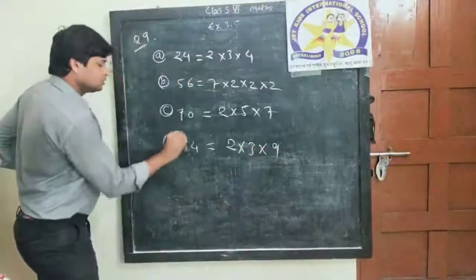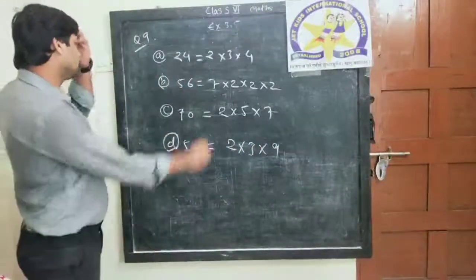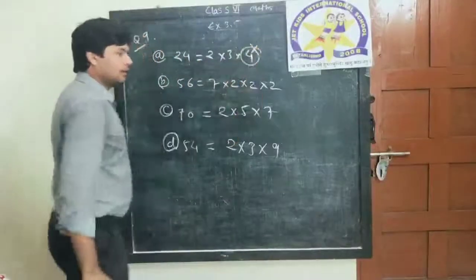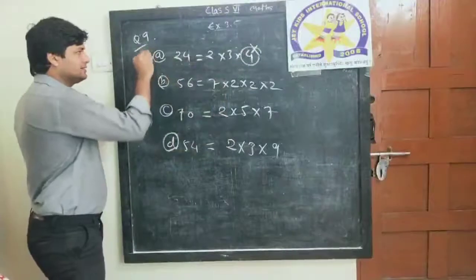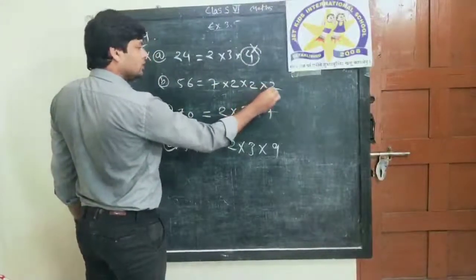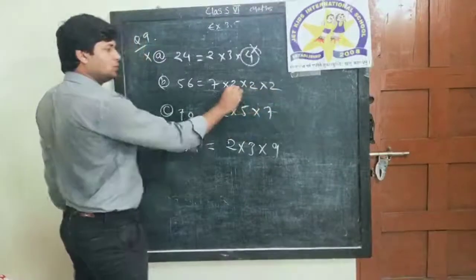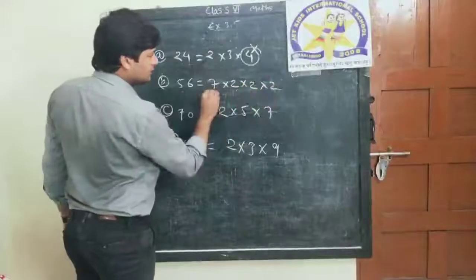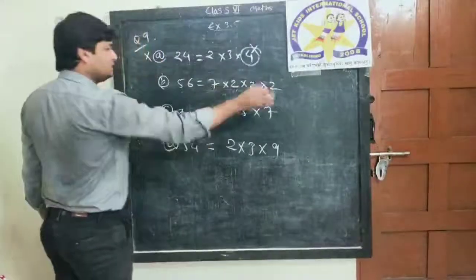Clear? So you can check over here. This is 24. 24 means 2 times 3 times 4. 4 is not a prime number, that's why it is not prime factorization. Then 2 times 2 multiplied by 2 is 8, 8 7s are 56. Each and every number present here is prime, so prime factorization is done.